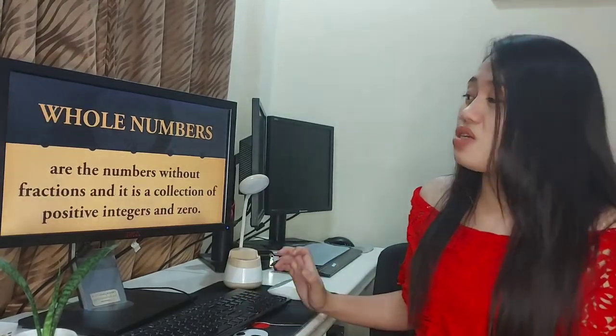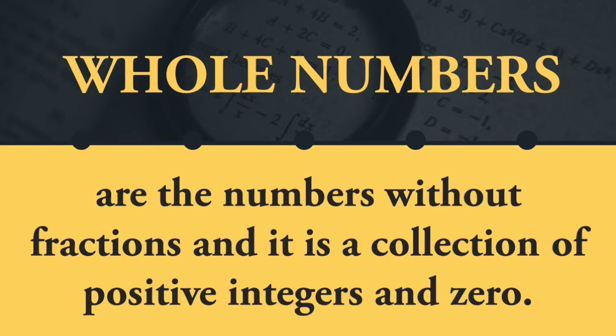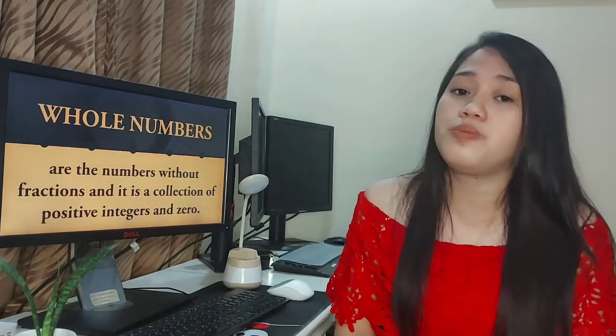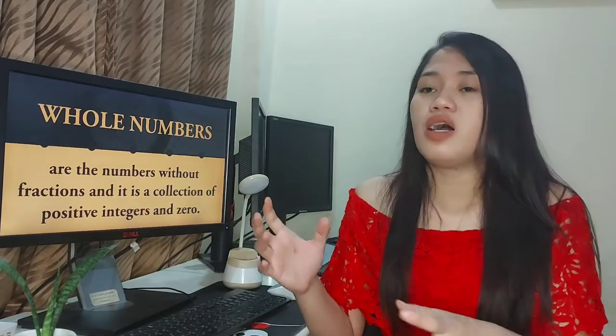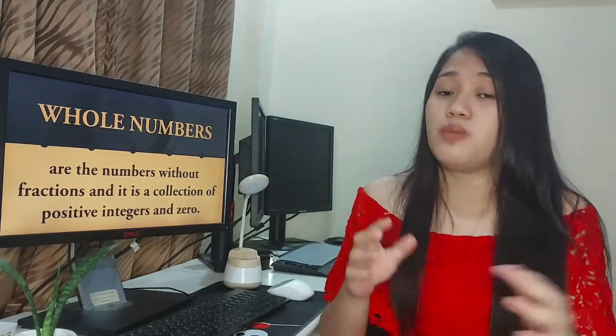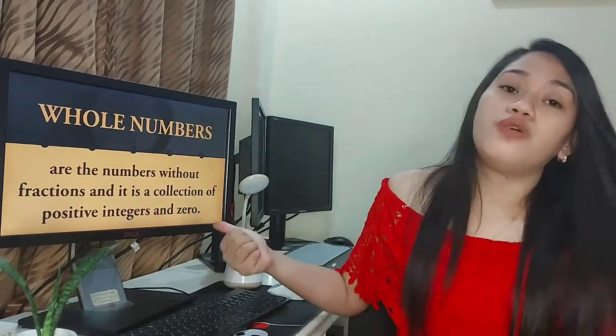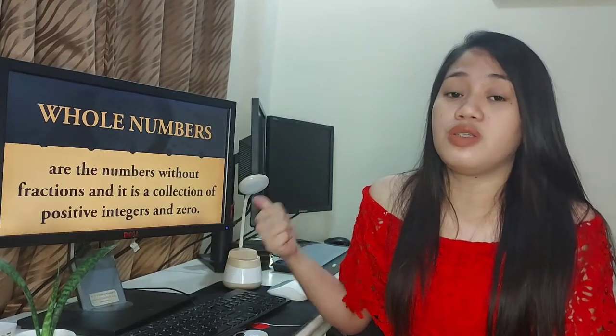So, let's check. Whole numbers naman, on the other hand, are the numbers without fractions, and it is a collection of positive integers and zero. So when we say about whole numbers, while natural numbers starts from 1 till infinity, for whole numbers it includes zero.